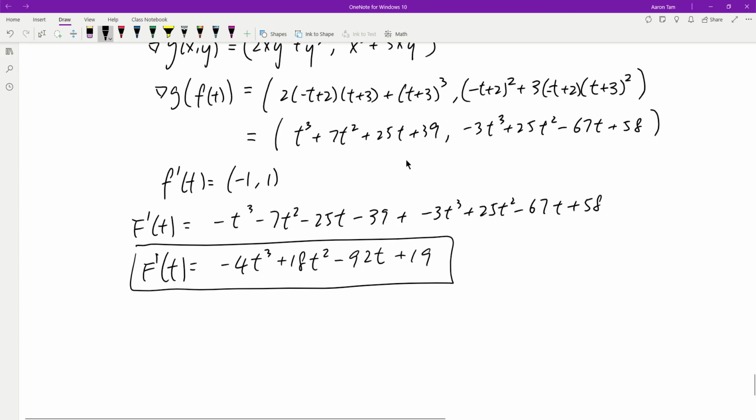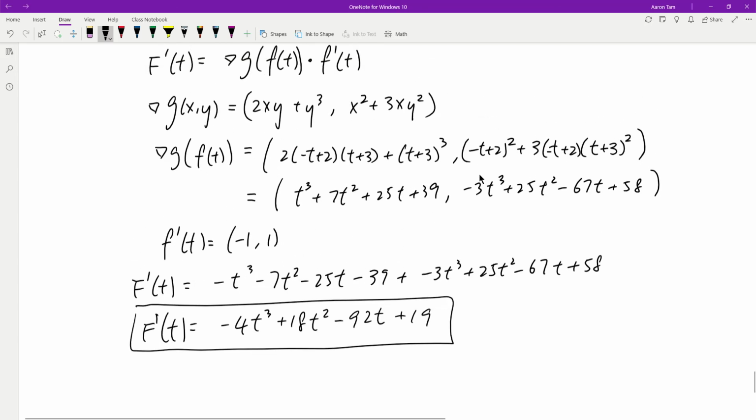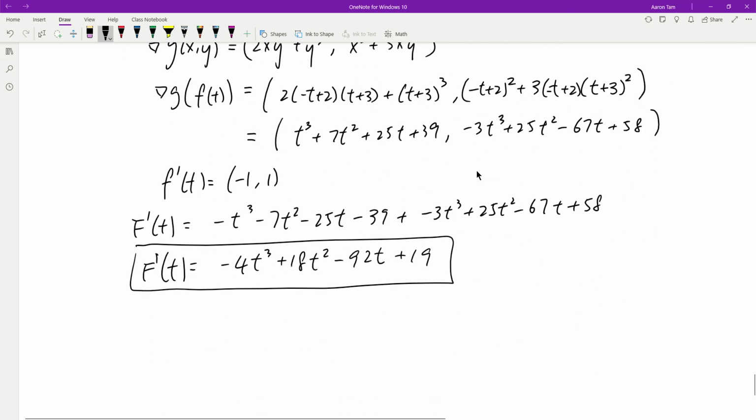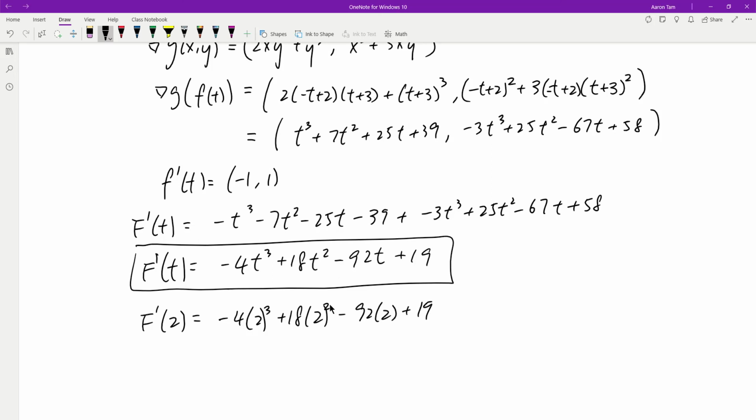And so now what we're going to do is evaluate f prime of 2. So f prime of 2 would be this. Would basically just be this. Let me just type into my calculator, figure it out.